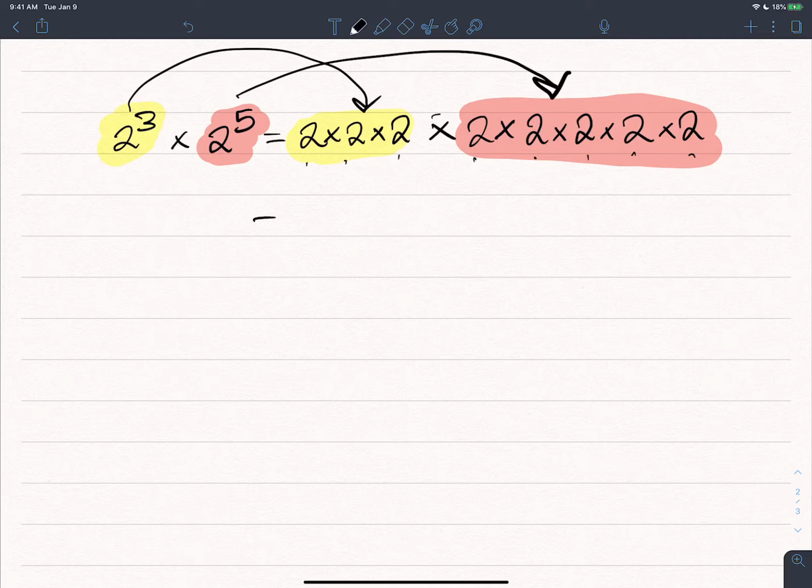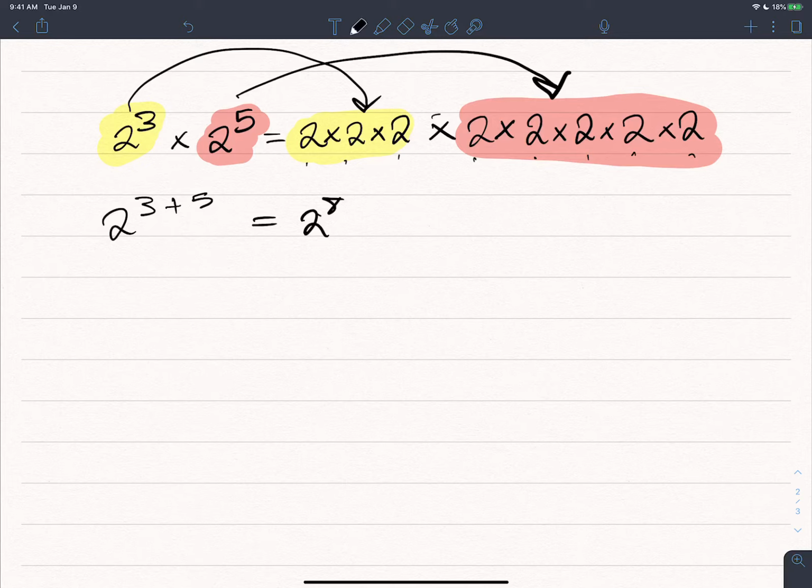So this would actually equal 2 to the 8th. It's the same thing as 2 to the 8th. So the product rule is like a shortcut, so we don't have to expand that out. Because if we look at the beginning, we could have done 2 to the 3 plus 5, and we get 2 to the 8th. And that's what the product rule lets us do.